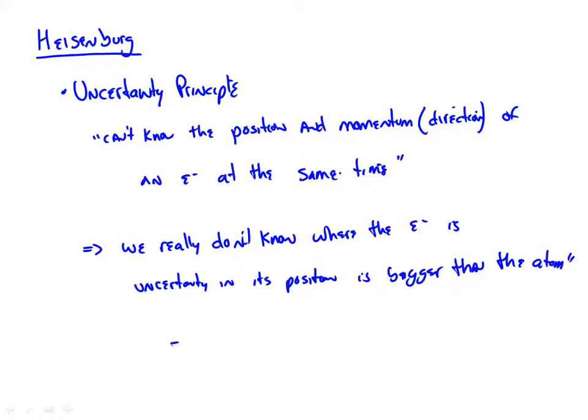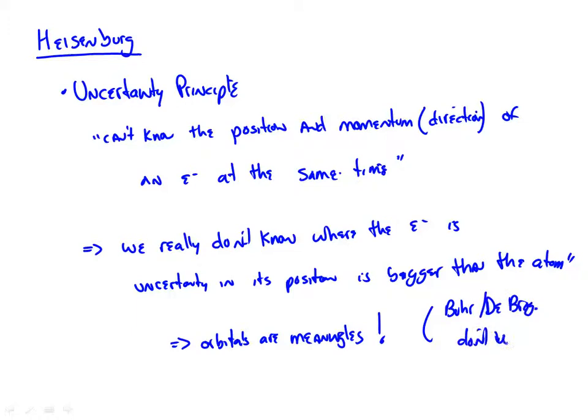And what that really means is that orbitals are meaningless. Well, wait a second. So basically he's saying that Bohr and de Broglie's models don't work. The uncertainty in the position of the electron is larger than the actual atom itself. Now, the problem is he doesn't have any better model. He just simply says they can't work.